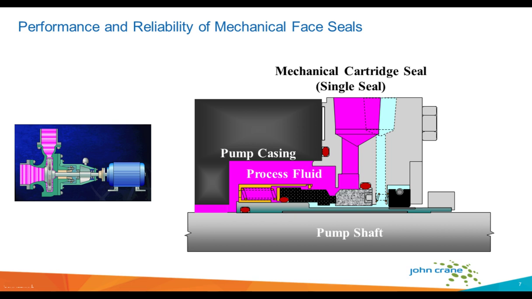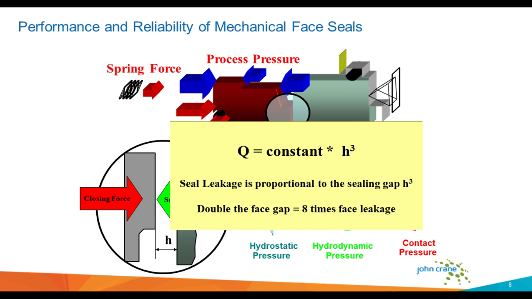Now, the heart of the mechanical seal are the two components that we normally call faces. We take these faces and look at them as far as design is concerned. Now, to understand the fundamental principle of how a mechanical seal actually operates and what factors affect the reliability of the mechanical seal, let's take a look at the simple axial force equilibrium of that mechanical seal.